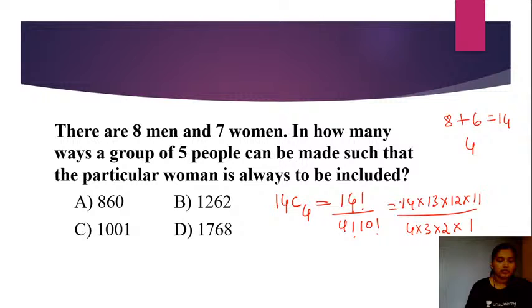So let's cancel out the terms here, right? 4 3s are 12, so I'm cancelling out the multiple here. 2 1s are 2, and this is 7s are, right? 7 13s are 91, multiplied with 11, yes, and this will be equal to 1001 here in this case. Okay, the right answer is going to be 1001, students. So the option C is the right answer for the given question here.